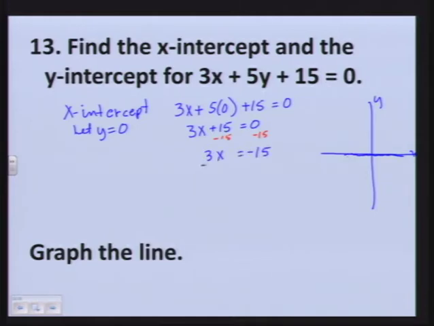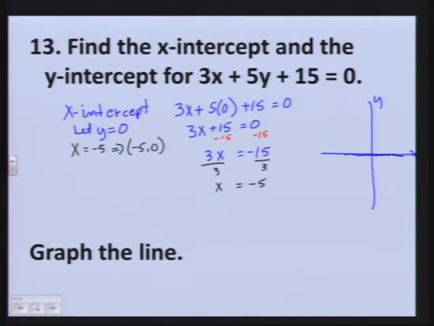Then dividing by 3 on each side, we get x equals -5. So our x-intercept is x equals -5, which implies that we'll graph -5, 0 when we get ready to graph.